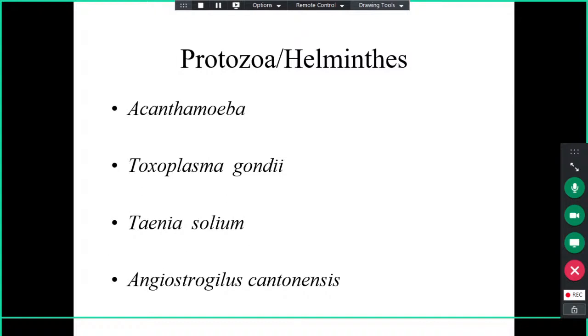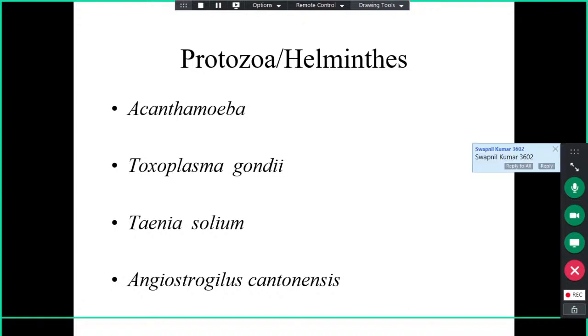When we see protozoal or helminthic infection, Acanthamoeba can cause primary meningoencephalitis, and Toxoplasma gondii, usually in immunocompromised patients, can lead to CNS infection.